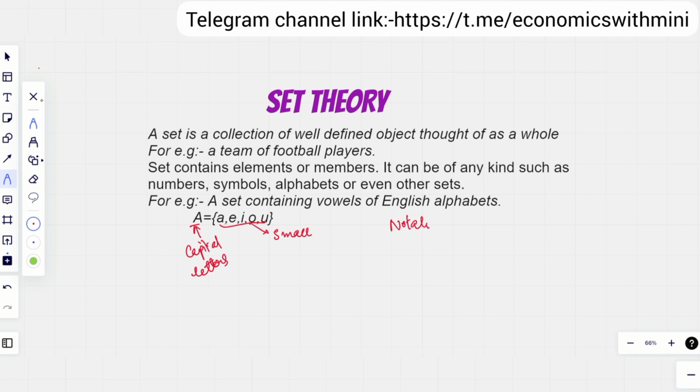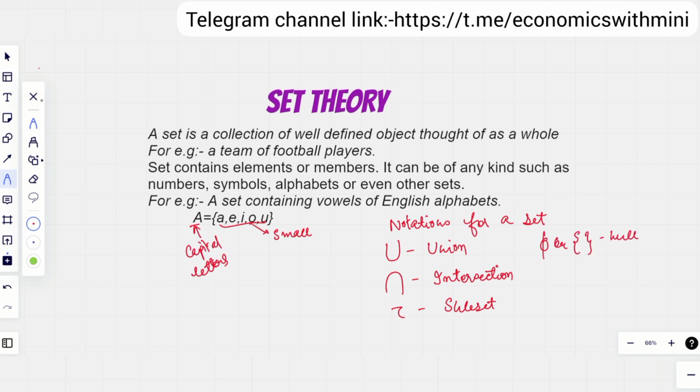Now let's see notations for a set. This is called union, U-shaped. This is called intersection, inverted U. This is called subset.